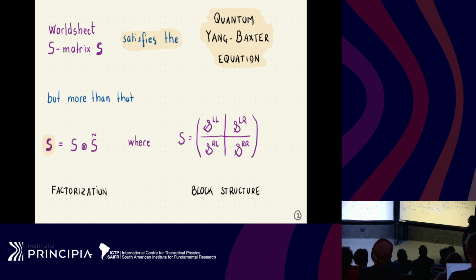We have something like two blocks, and each of these parts in the factorization can also be written in blocks like this. But these objects satisfy Yang-Baxter, and each of these also satisfies Yang-Baxter. So there is a lot of integrability appearing, a lot of Yang-Baxter appearing here.